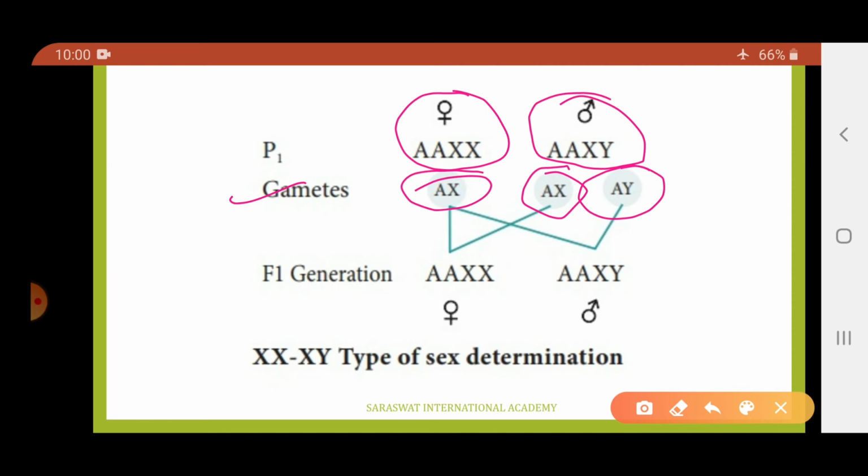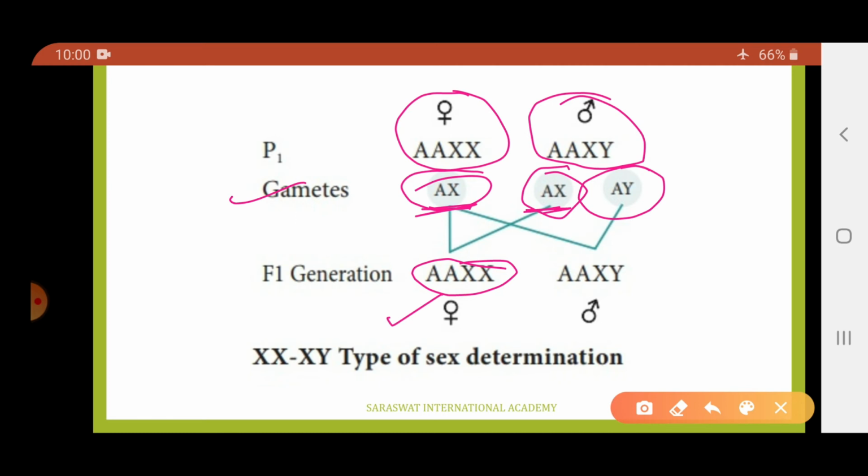Now, which sperm fertilizes the egg will decide the sex of an offspring. Suppose an egg is fertilized by a sperm having the AX chromosomes, then it will be AAXX, which means that the individual is a female.